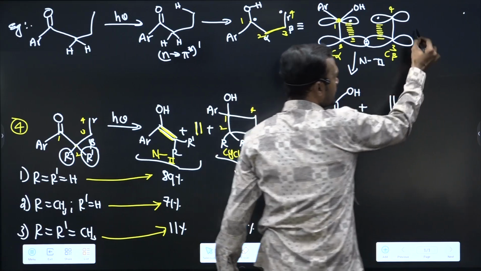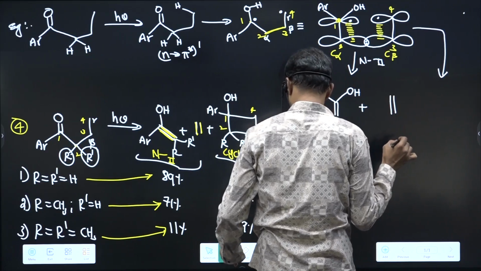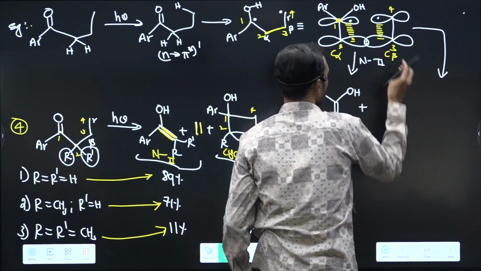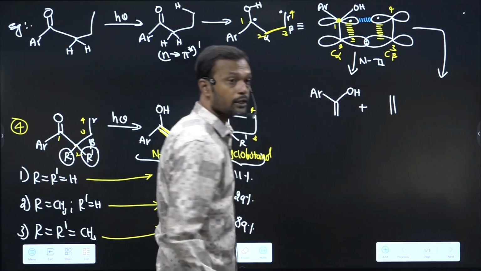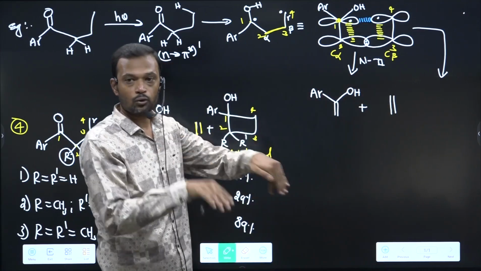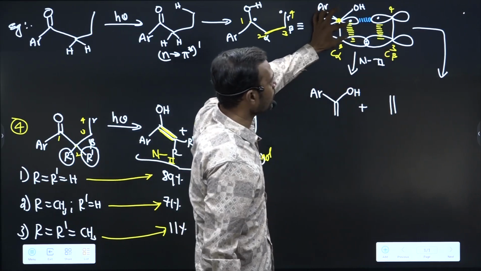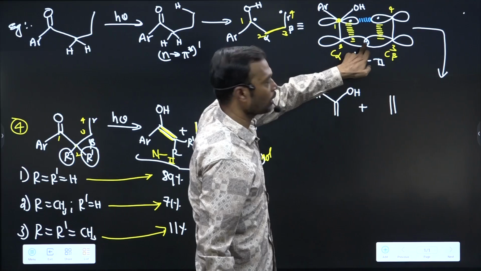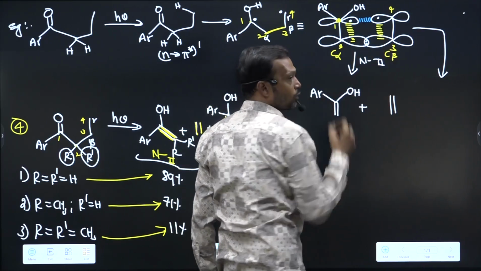Now next thing is, see, suppose these two are overlapping now. What is this overlap? This is called linear overlap, and this is called side-on overlap. Sidewise overlap, linear overlap. Here linear overlap is there. See, if sideways overlap is very strong, this linear overlap is weak.